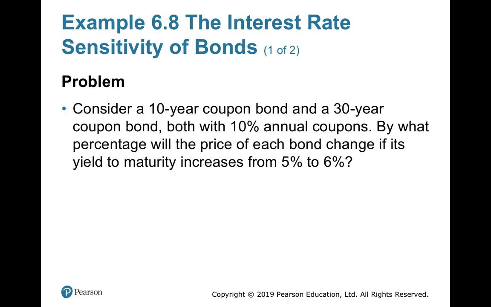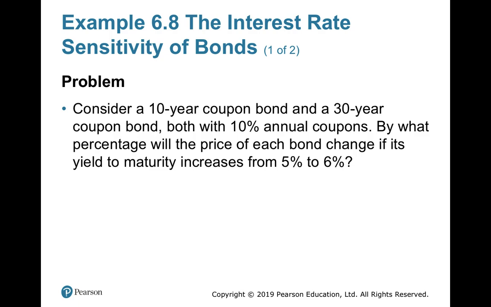Consider example number 6.8. Consider a 10-year coupon bond and a 30-year coupon bond. Dear students, here the years are different: bond A is 10 years, bond B is 30 years. But both have the same coupon.